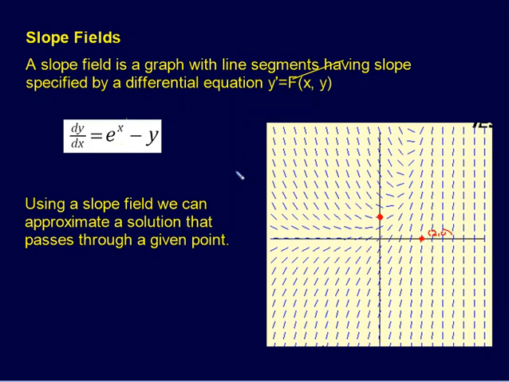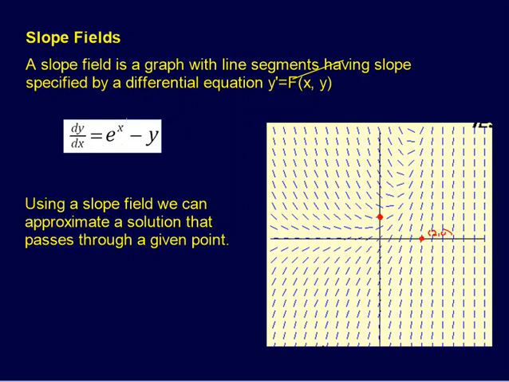If I go over to my derivative now and make this e to the 2 minus 0, well, e, without using my calculator, I know e to the second power is somewhere between 2 squared and 3 squared, so it's between 4 and 9. Either way, that's a pretty steep positive slope, and you notice that the line segment we drew there is a pretty steep positive slope there, right?